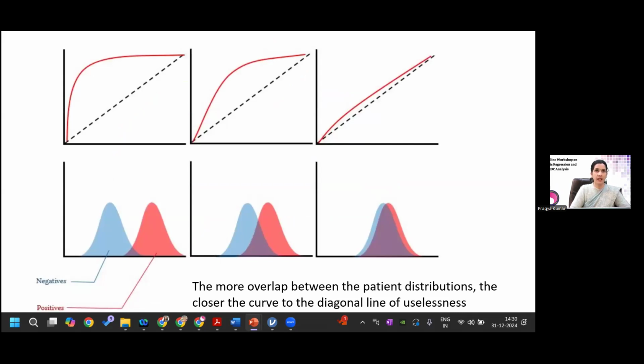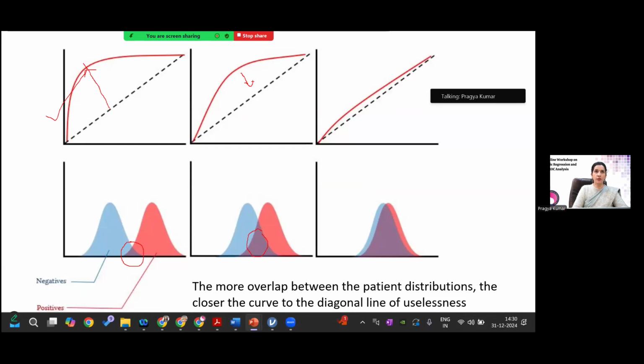So if we compare the two graphs, this is the ROC curve. We will see today, when we plot the ROC curve, it appears something like this. In the first case, when there is a low overlap, the ROC curve will be something like this. That means it will be very much away from this diagonal line, and we'll see what this diagonal line is. If there is an overlap like this, then it starts coming towards the diagonal line.